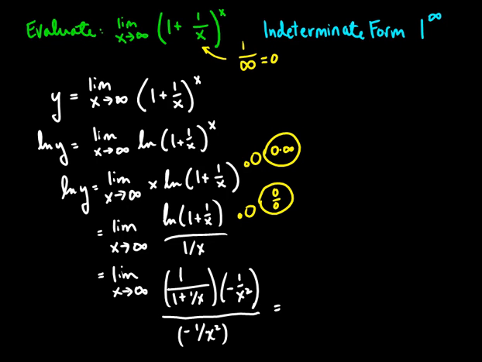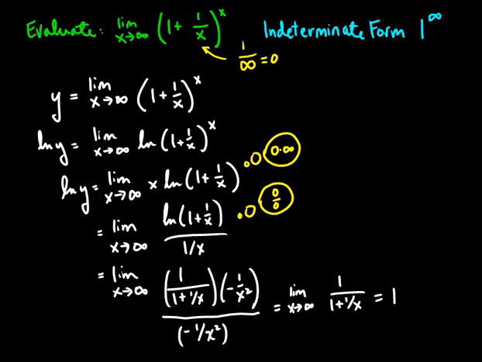And fortunately, the negative 1 over x squared in the numerator and denominator cancel, and we get the limit as x approaches infinity of 1 over 1 plus 1 over x. As x goes to infinity, we're going to end up with 1 over x being 0, and leaving us with 1 over 1, which is 1.